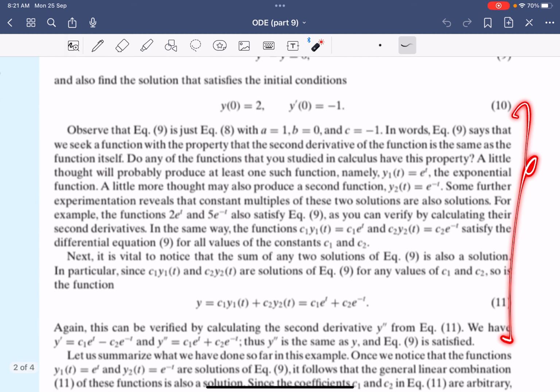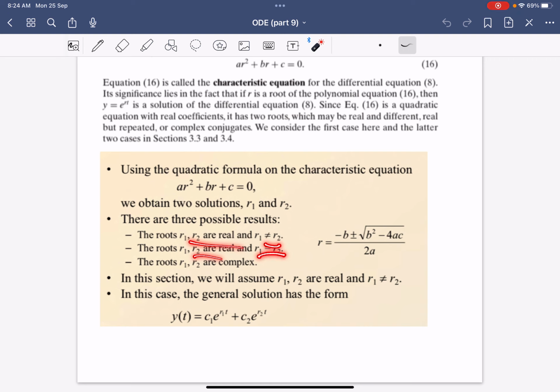Its significance lies in the fact that if r is a root of the polynomial, then y equals e to the power rt is a solution. Because it is a quadratic equation, there will be only two solutions. There are three cases when you solve a quadratic: the roots are real and distinct, or real and the same, or complex conjugates of one another.